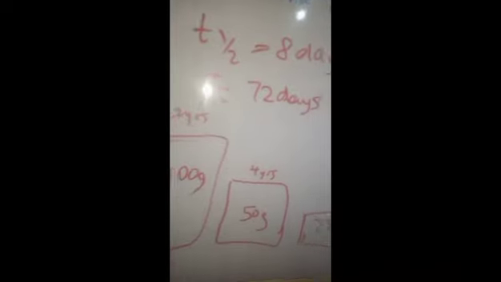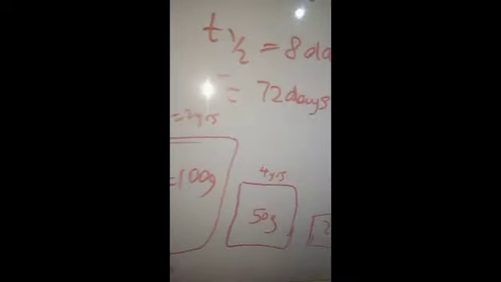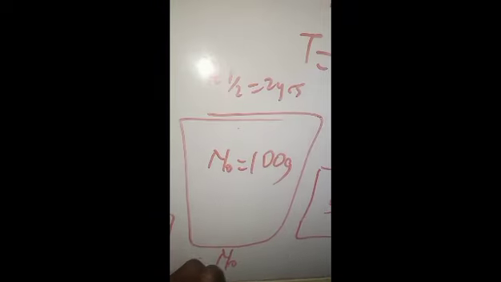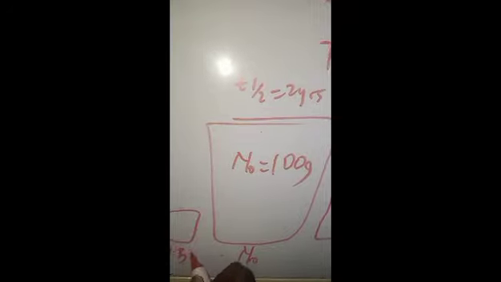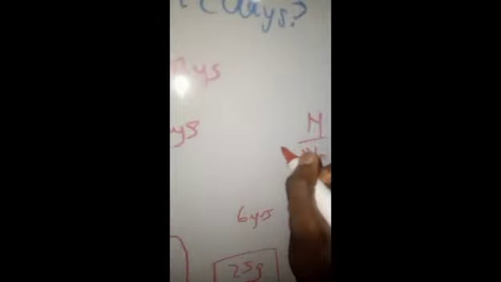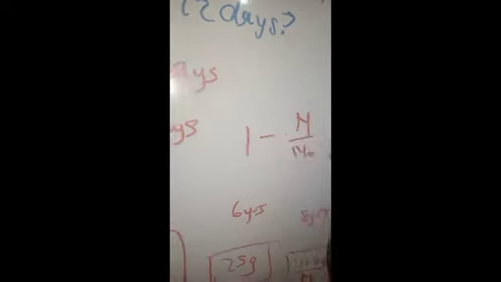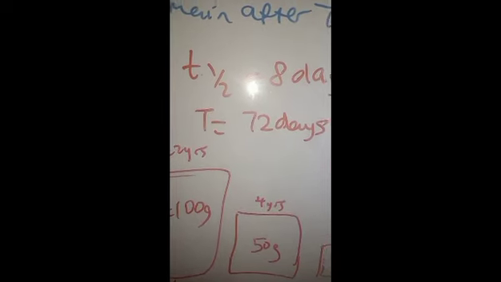That means they want to find the amount that has decayed, so it's just 1 minus N over N naught. Don't worry, we'll take a question on that, then you'll understand better. But let's move on with this question now.